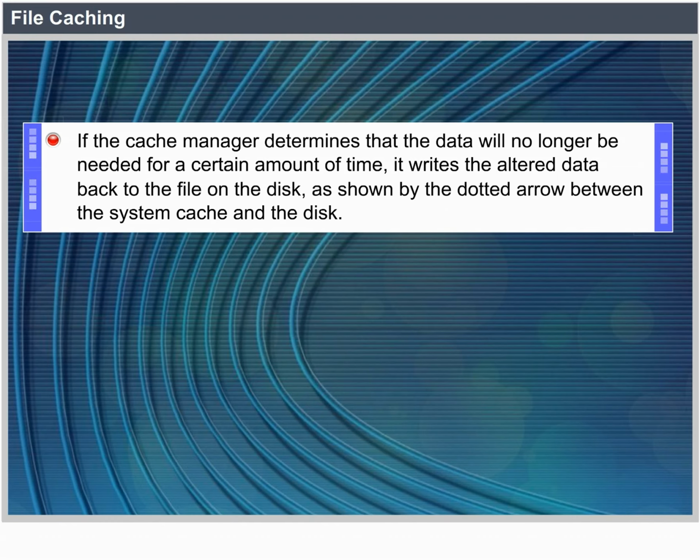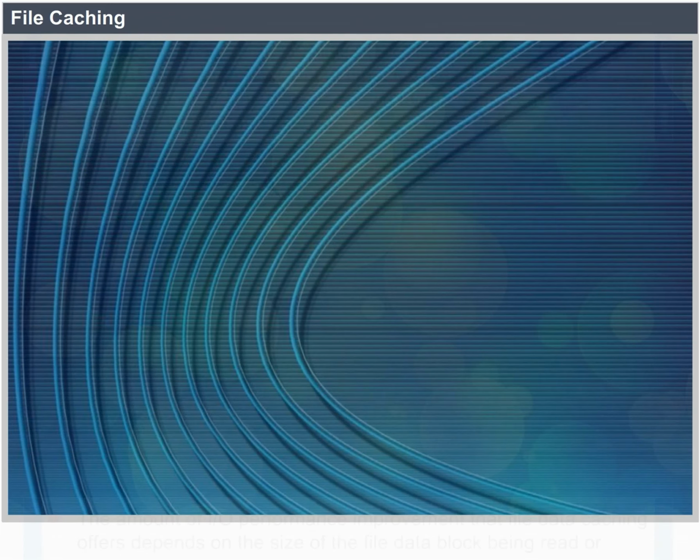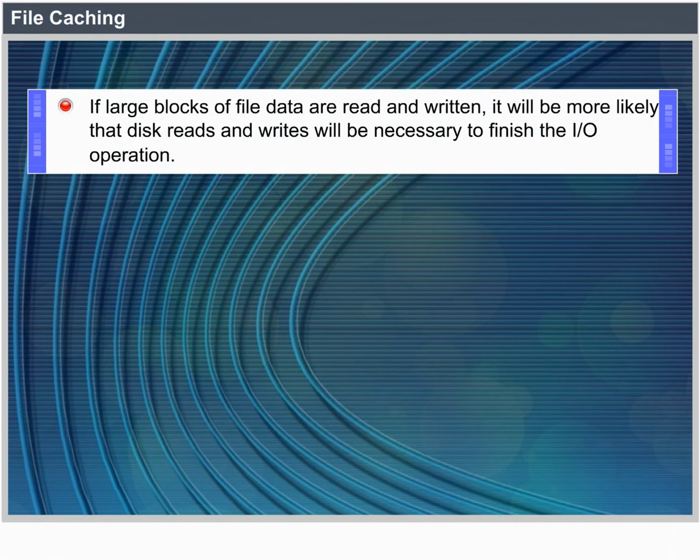The amount of input-output performance improvement that file data caching offers depends on the size of the file data block being read or written. When large blocks of file data are read and written, it is more likely that disk reads and writes will be necessary to finish the input-output operation.